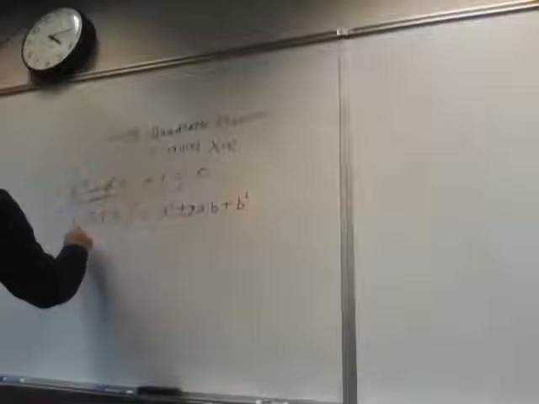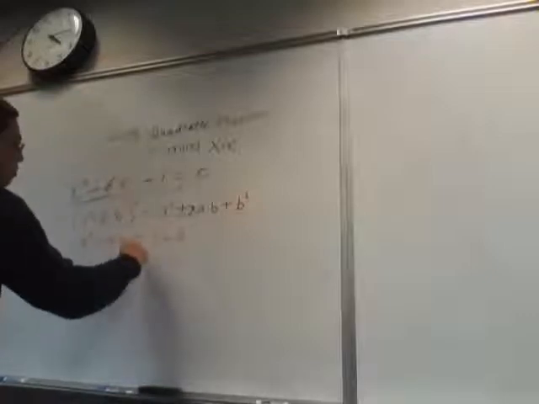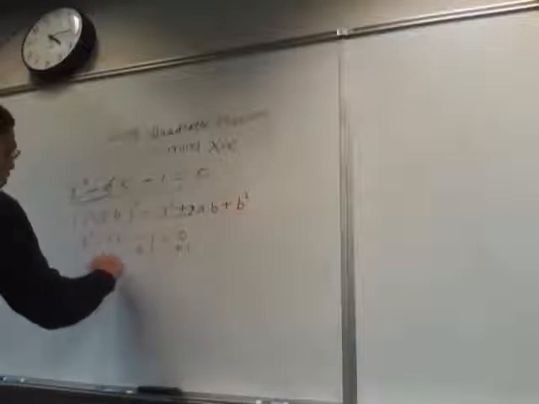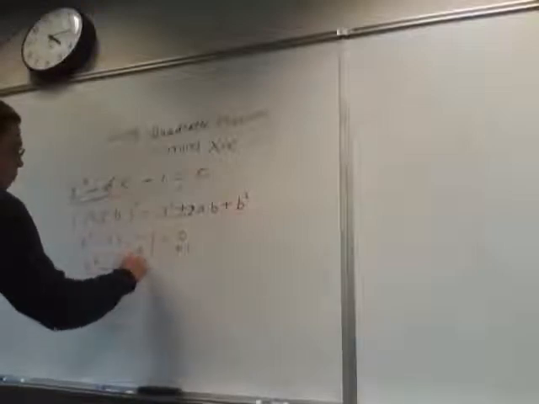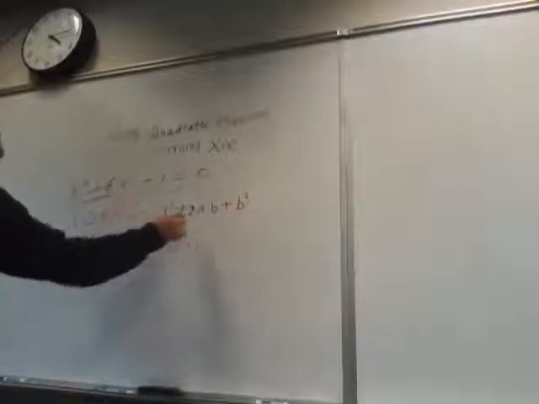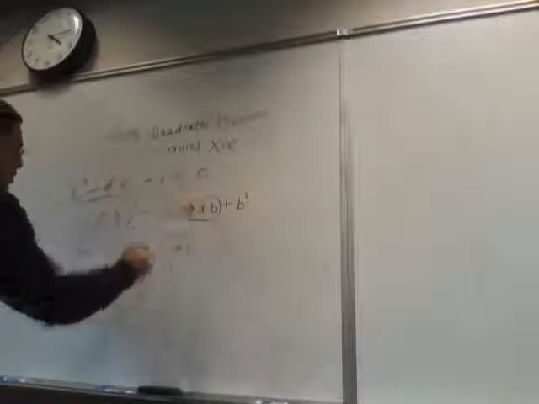So we can say x squared minus 6x minus 1 equals 0. Adding 1 to both sides, x squared minus 6x equals 1. Because a plus b squared equals this, the important part is 2 times a times b.